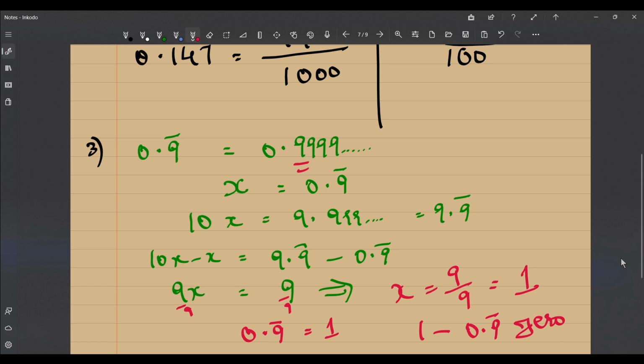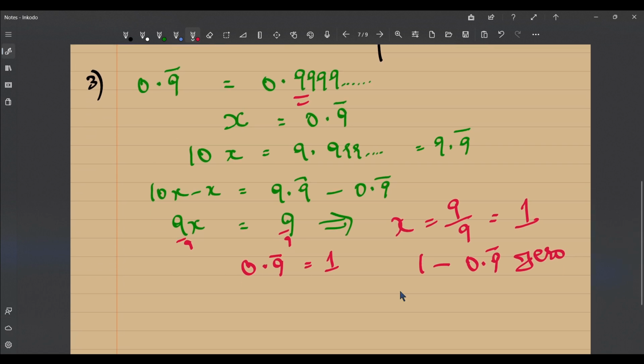Now let's explore. Here the 9s are infinite, the 0.9 bar is 0.999 and so on. Suppose it was finite, suppose it wasn't infinite like this. Say you had some 9s, so it's a finite number.